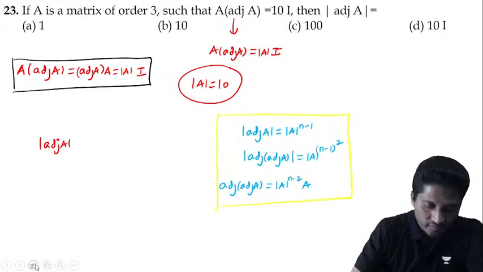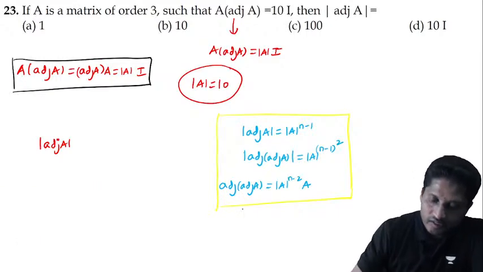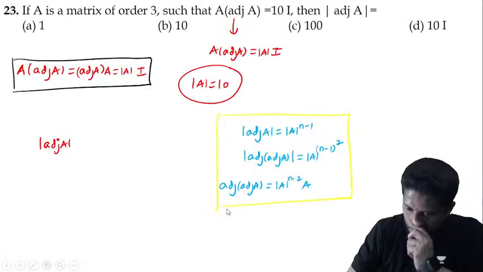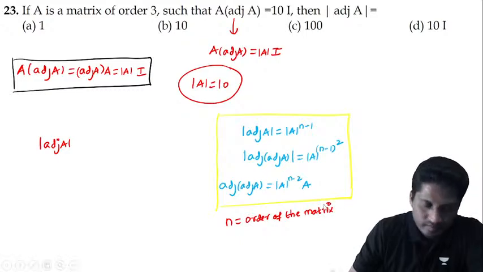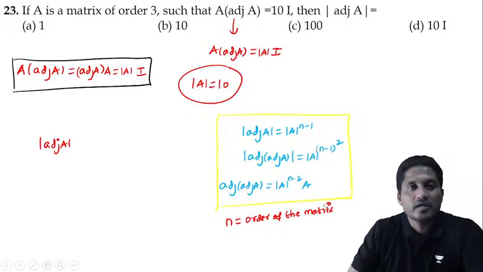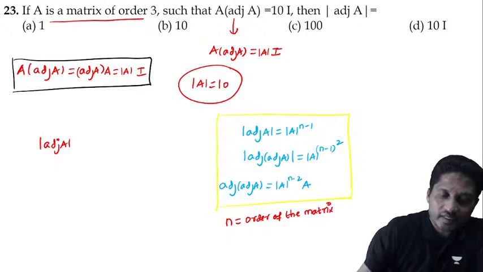In all the three cases, n stands for the order of the matrix. Now it is given in the question that A is a matrix of order 3.